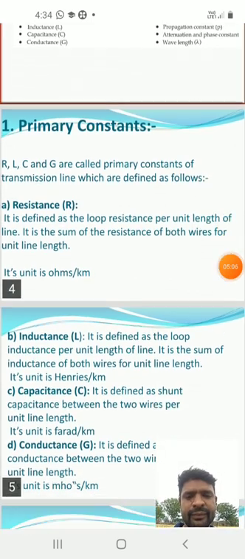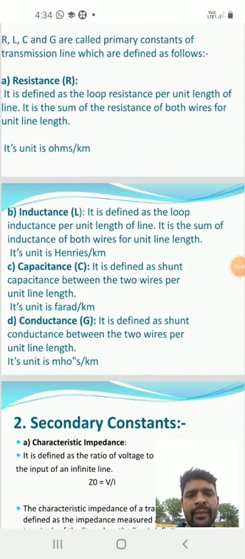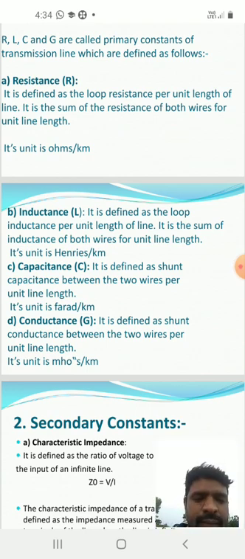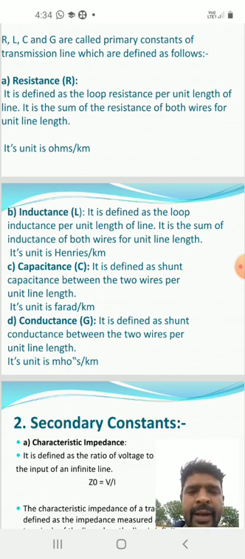Second one, inductance. It is defined as loop inductance for unit length of line. It is the sum of inductance of both wires for unit line length.